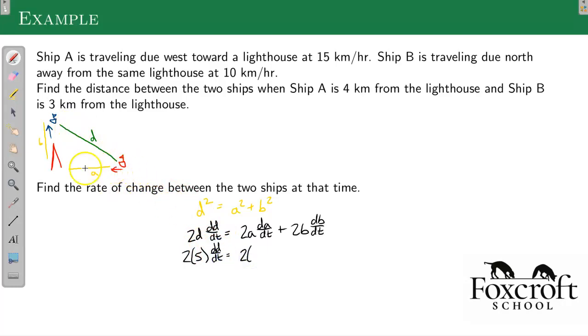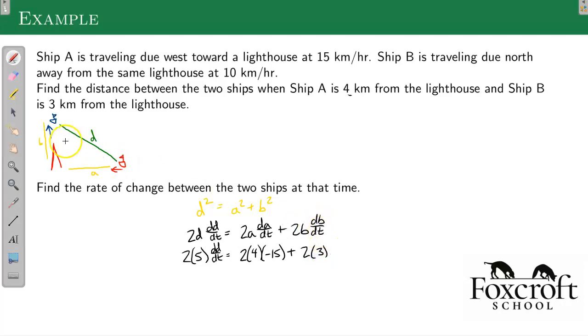a is the distance of A from the lighthouse at this exact time, which is 4. And da/dt is how this side of the triangle is changing, and since we're going toward the lighthouse, which is making a smaller, it's going to be negative 15. b is the exact distance at this snapshot in time, which is 3.